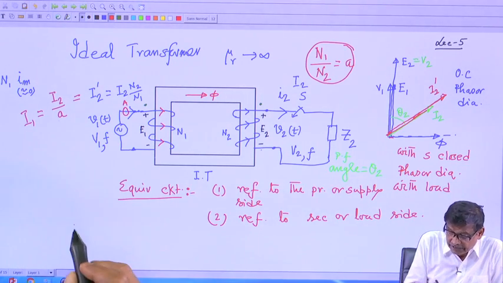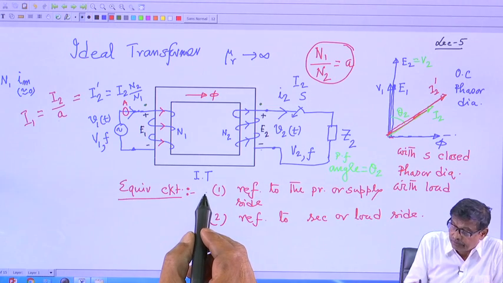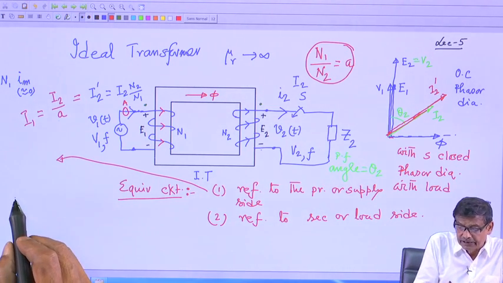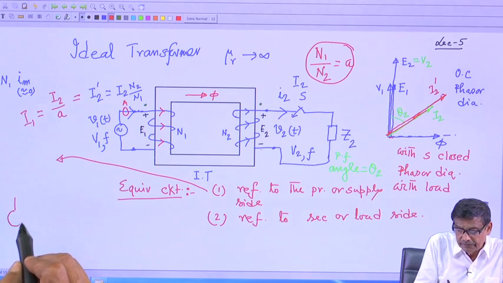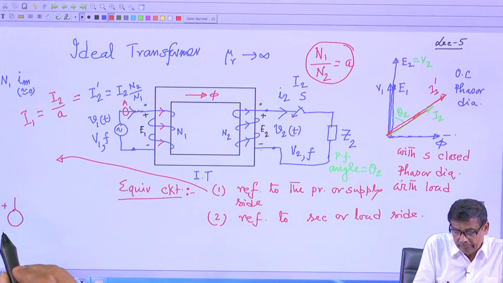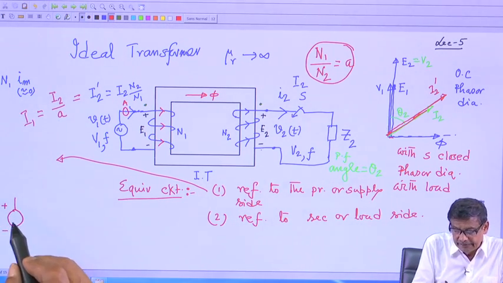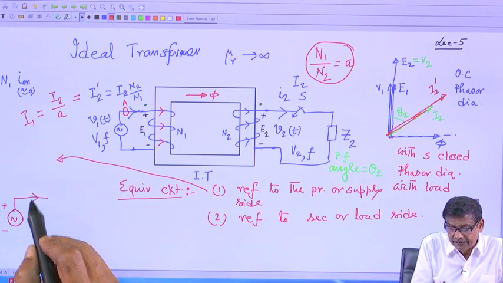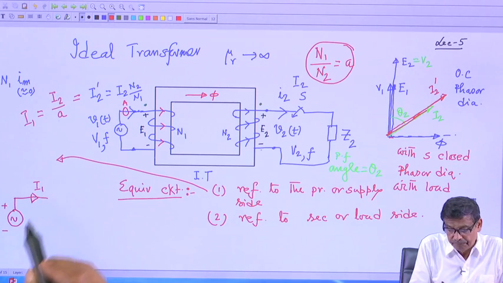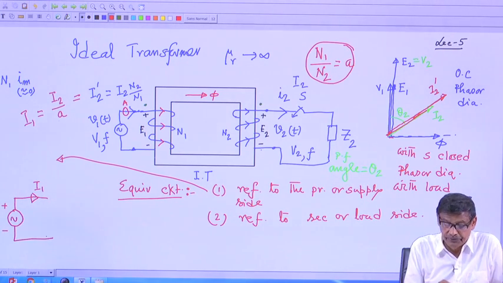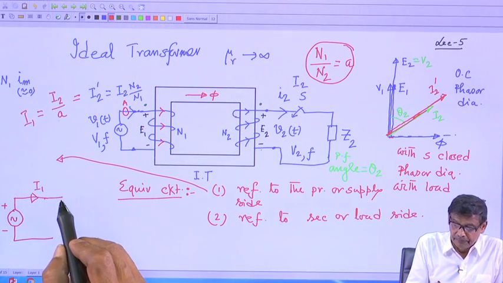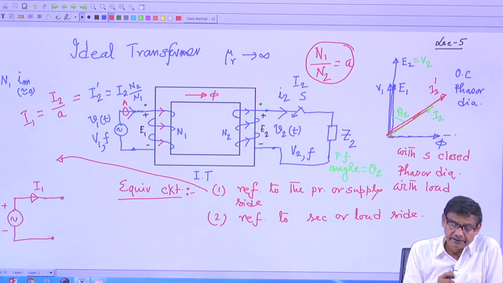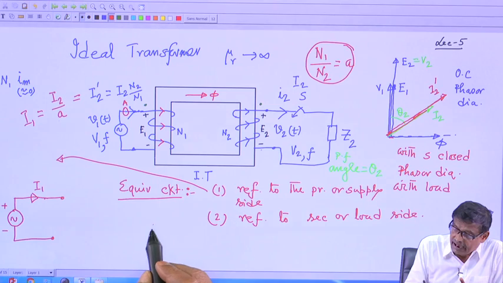Therefore, from the supply side, I can draw it like this. Here is a V1 AC RMS voltage. It is supplying a current I1 when S is closed. Therefore, it will interpret that you have connected an impedance.